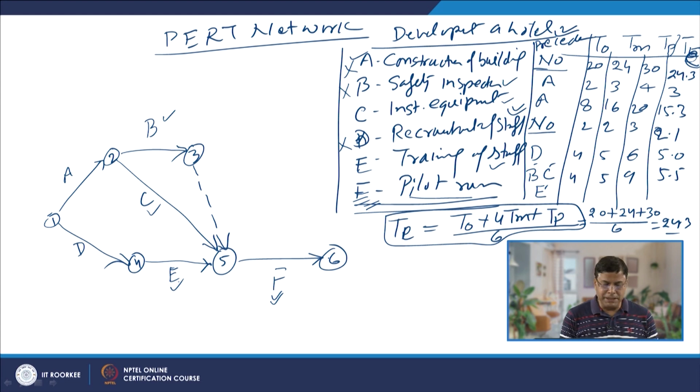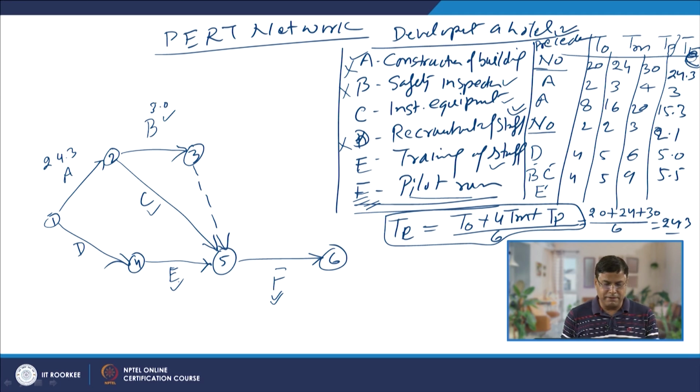Now, we will mention the expected times on these activities. Like, for activity A the expected time for completion is 24.3. Likewise, we will mention the expected time for activity B, that is 3.0.